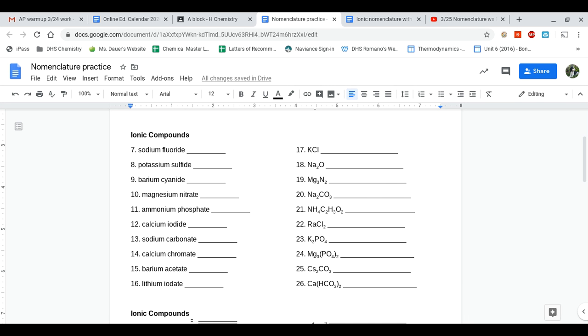Number 19, Mg3N2. So for this, we have an ionic compound. We know it's ionic, not just because it's told to us on the page, but we have magnesium, which is an alkaline earth metal. We know magnesium is Mg2 plus. Nitrogen, we know nitrogen has a set 3 minus charge.